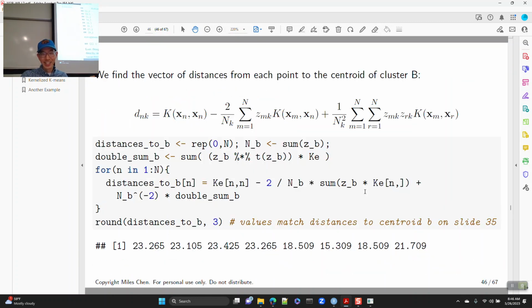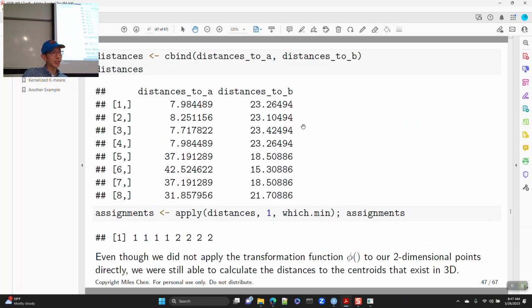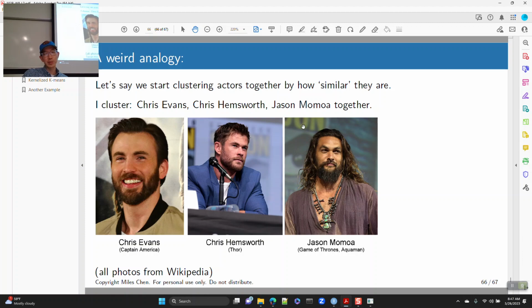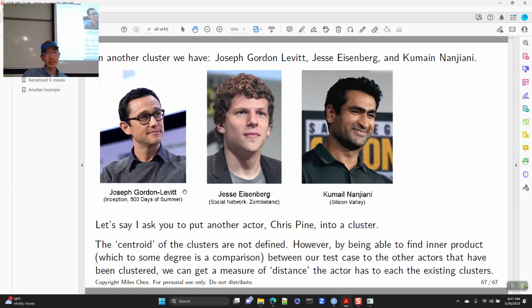We're looking at this particular point N, and asking how similar it is to each of the different actors within our data set. If this actor is more similar to these 3 actors than to those 3, then we would reassign the point that way.